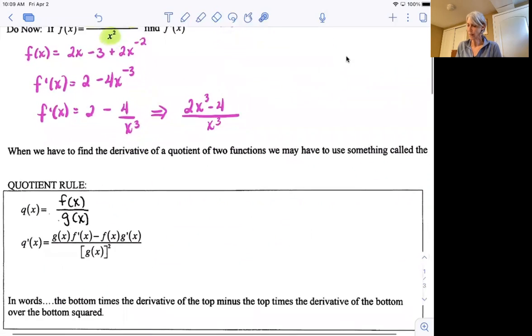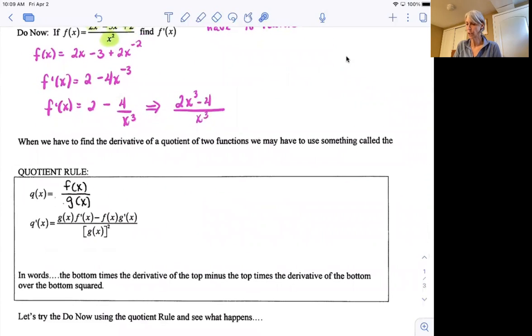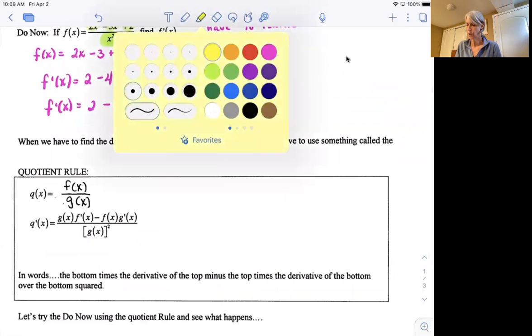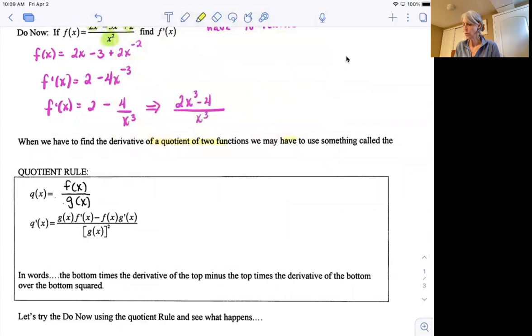When we have to find the derivative of a quotient of two functions, we may use something called the quotient rule. When we have one function over another function, the derivative is g of x times f prime of x minus f of x times g prime of x, over g of x squared.